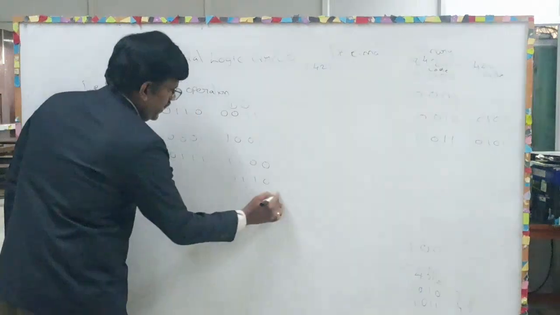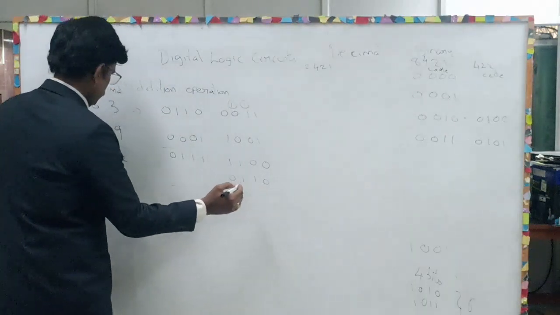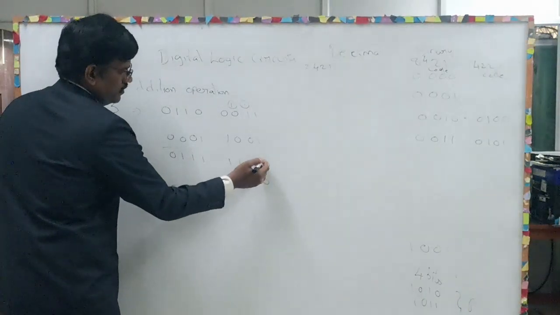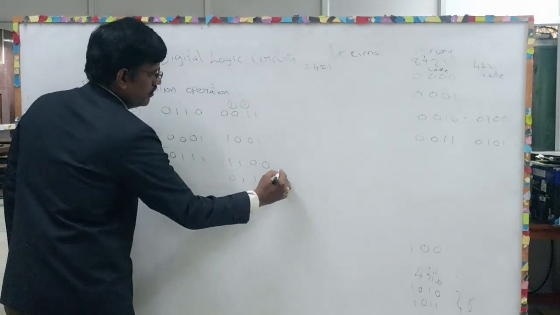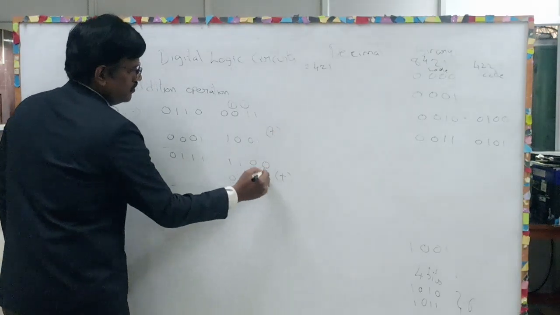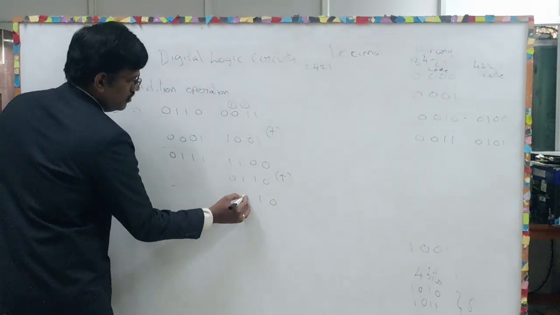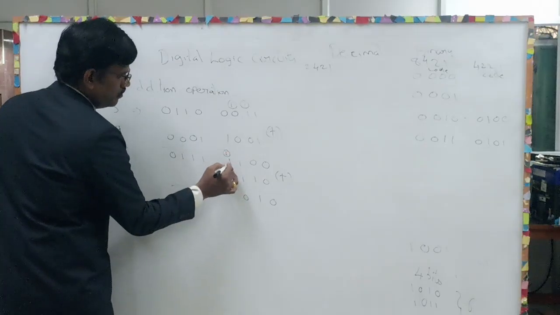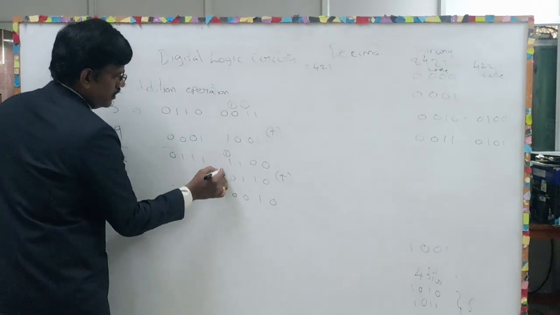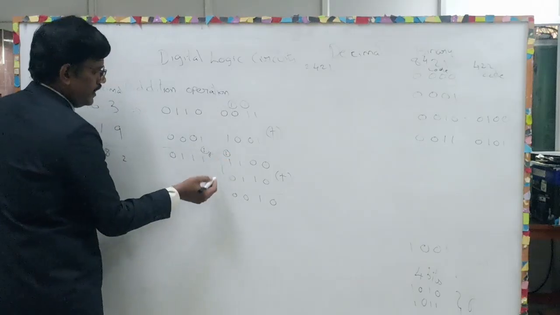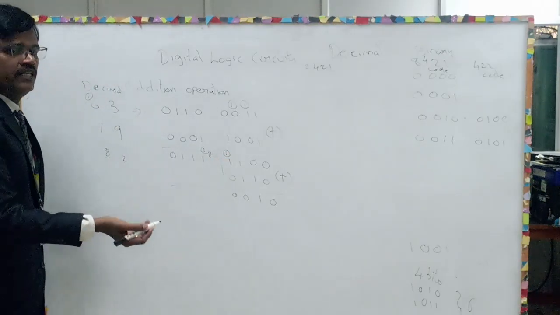So, we are trying to perform the addition operation. 0, and this is 1, and 1 plus 1 is 0 with a carry 1, and 1 plus 1 is 0 with a carry 1. So, we have a carry to the next nibble.